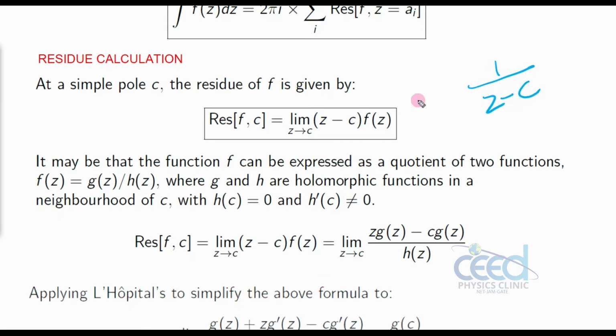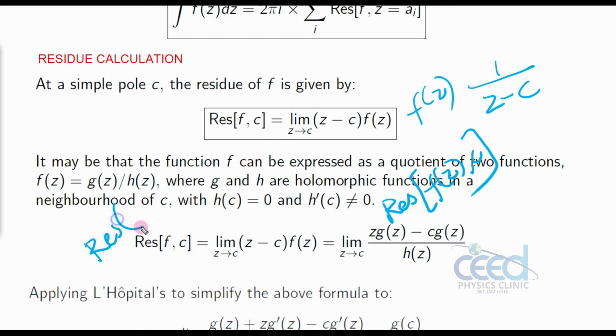This is a complex function, so we can represent the residue of f of z at c. Here z is equal to c is a simple pole, because at z is equal to c the function blows up.